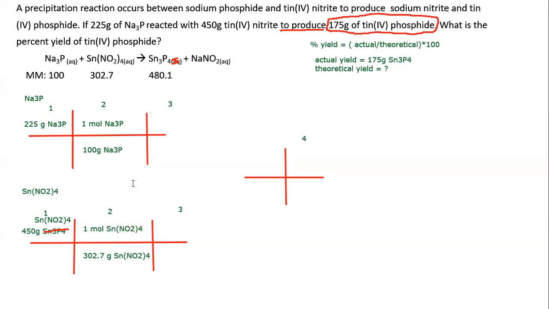You're seeing the same setup. Row 3 is the mole ratio.